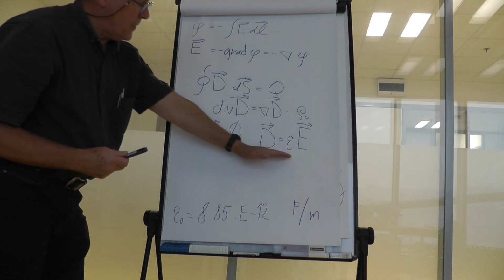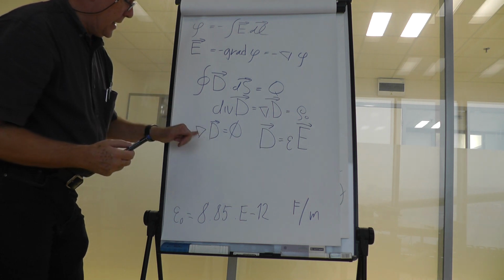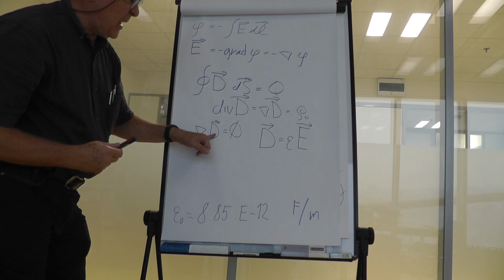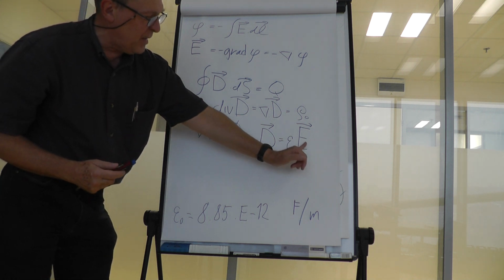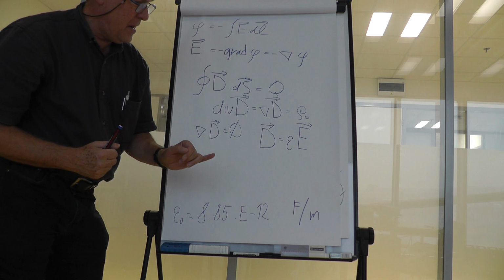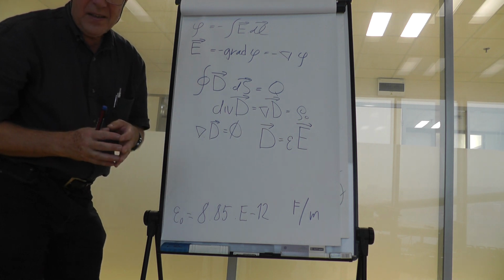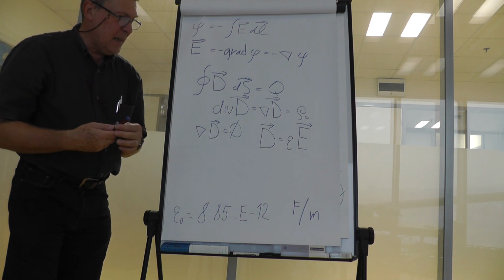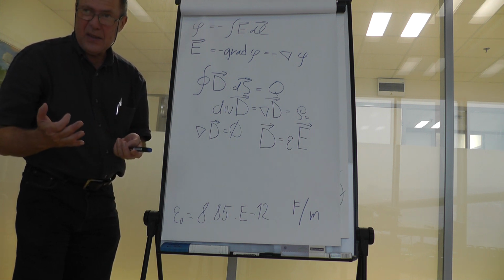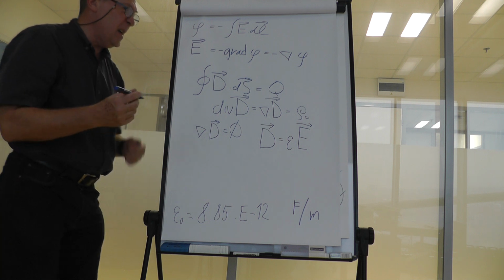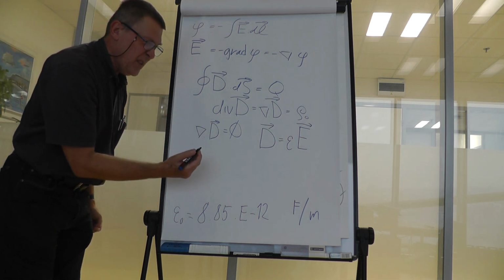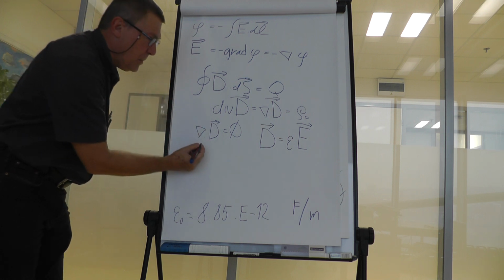Now, if this is true, we could say, okay, so nabla applied to the product of epsilon and E, where epsilon, remember we have defined our playground, epsilon is not a function, it's a constant because we have decided to work with a linear homogeneous medium.